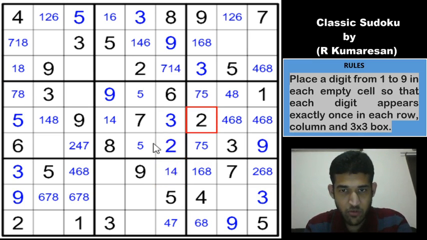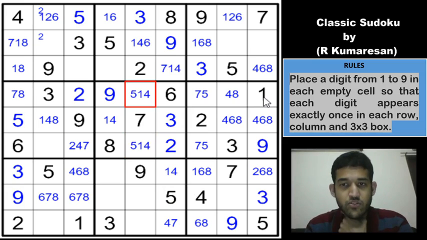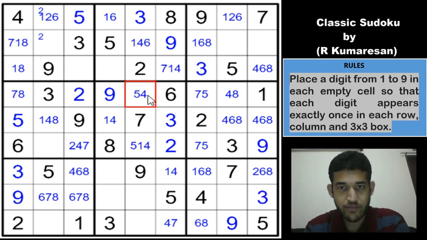And can we place any more 2's? Yeah, so we can place the 2's now. So 2 is in row 5 and row 6, which means that this will be a 2, and 2 must be in one of these two cells, right? Let me make a corner pencil mark. So 2 must be in one of these cells. So these two cells must be 1 4 5. Let me write them. So it cannot be a 1, so this is 4 5.